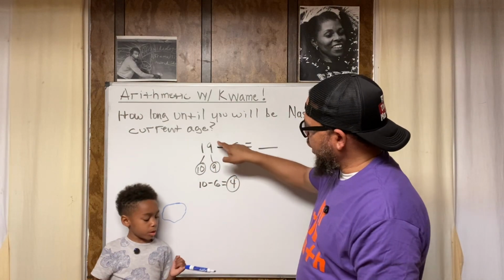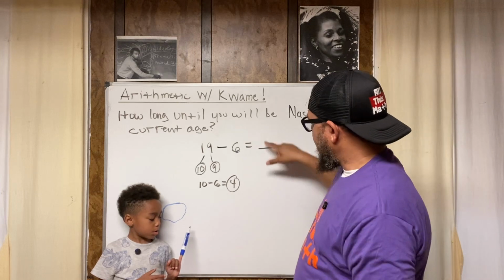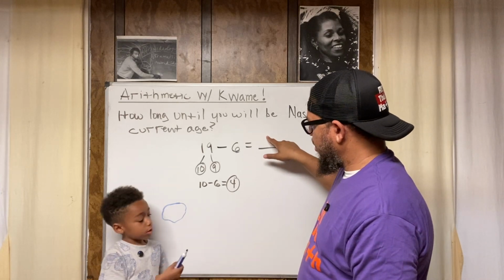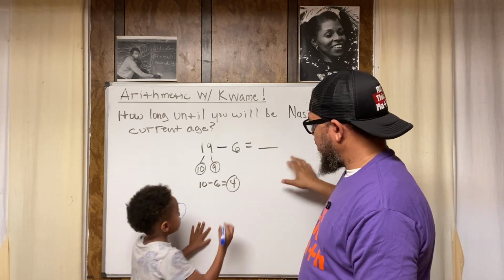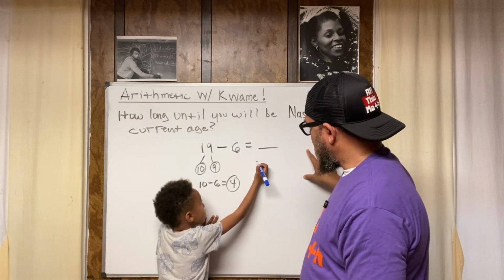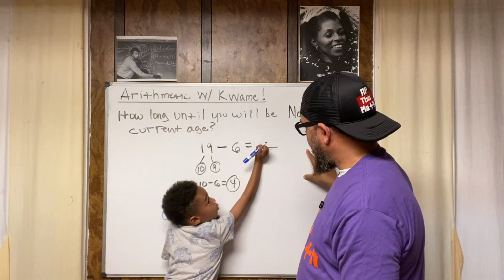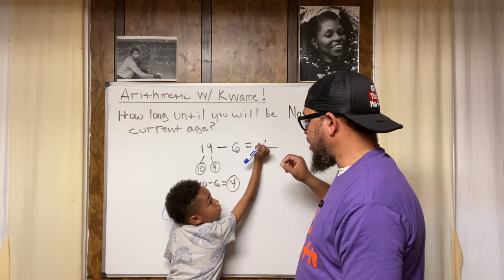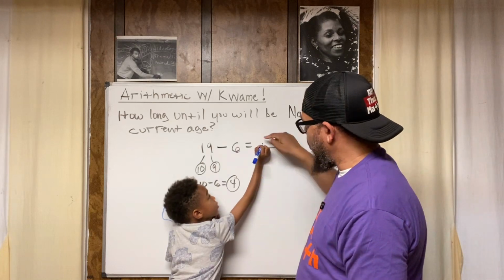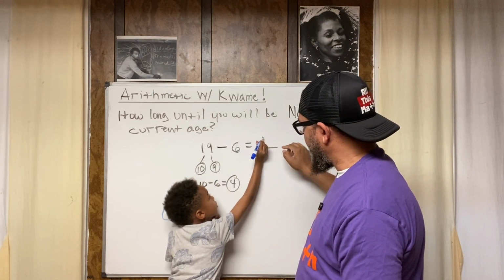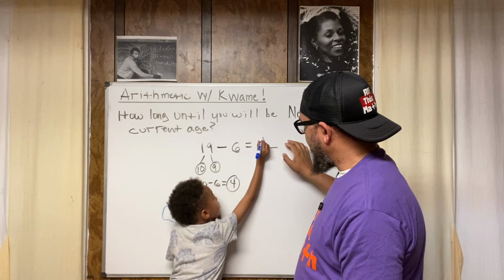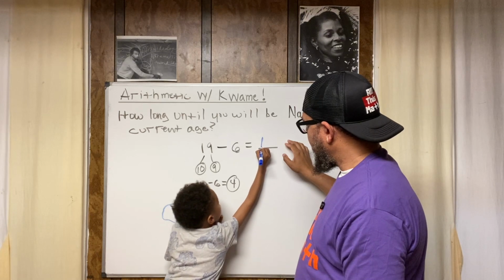So that means that the final answer is, you want to write 13 up here? Yes. Can you reach? Yes. 30 and a 0? No, 30 is 3 and a 0. 13 is a 1 in the tens place and a 3 in the ones place. Okay, that's a 1.